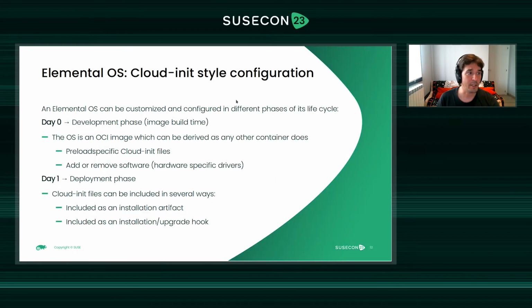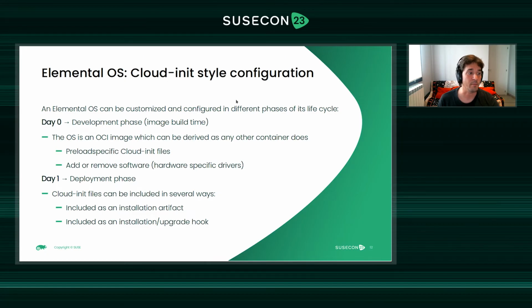So continuing on the Elemental OS cloud-init style configuration, I'd like to briefly discuss how we would configure an Elemental OS following the approach of day 0, day 1, and day 2 concepts. For instance, how we would configure an Elemental OS in day 0, the development phase.